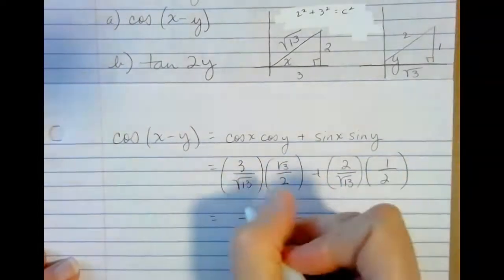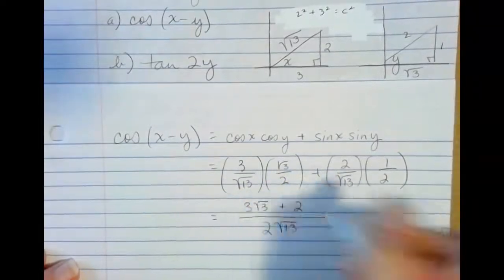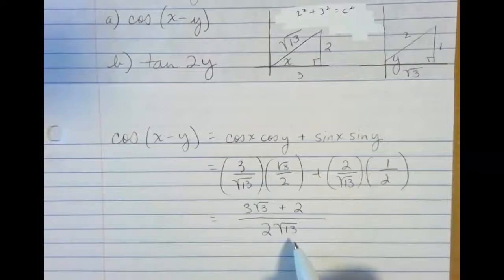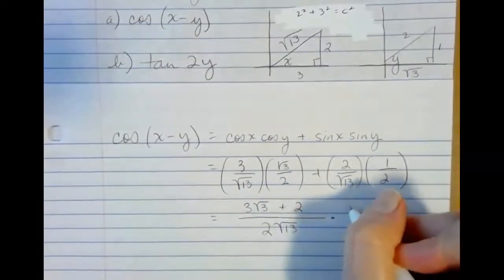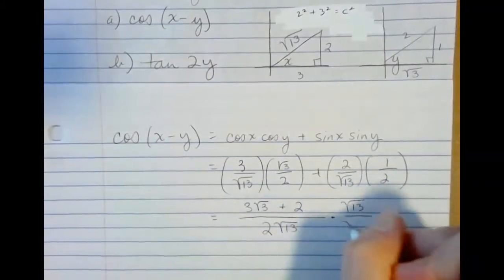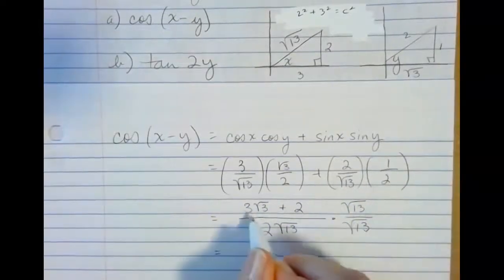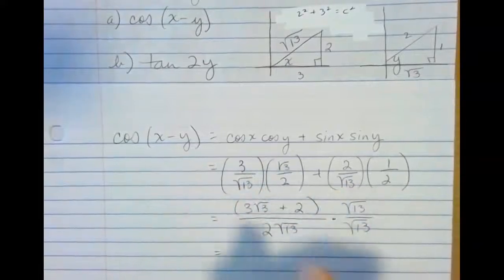And we end up with 3 root 3 plus 2. Now, if you leave this as an answer, I'm going to take off 2 points because you need to rationalize the denominator here. So we're going to multiply by root 13 over root 13, and we are going to get 3 root 3 times the root 13.